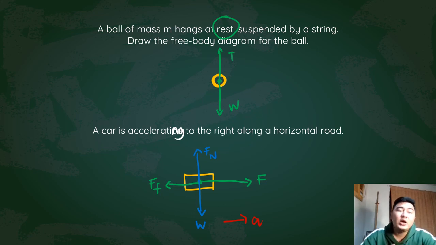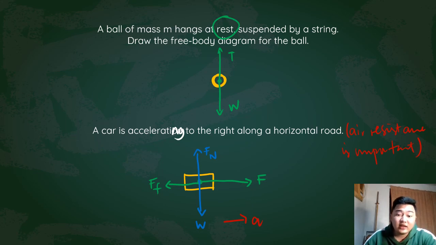Well, commonly, we have problems which do not factor in air resistance. If it's stated to ignore air resistance, we do not factor in air resistance or the drag force. But if it's stated that air resistance is important, what do we need to do there?